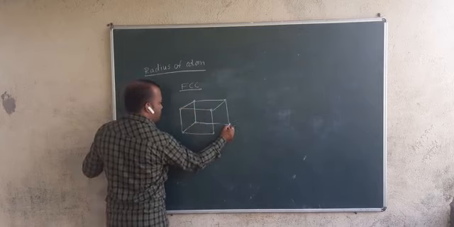Void means empty space. So 100 minus 52 will be the percentage of void. So percentage of void is 48%. That means 48% space is still unoccupied and 52% space is occupied.